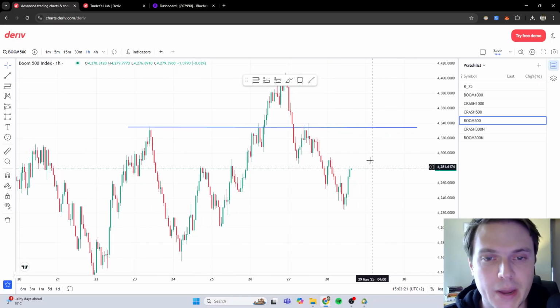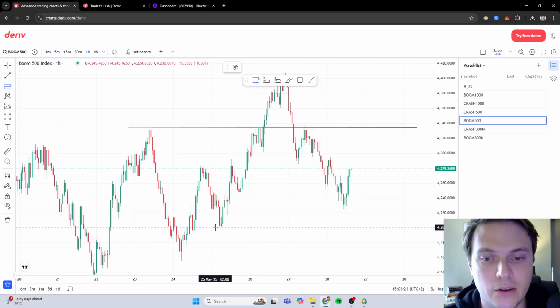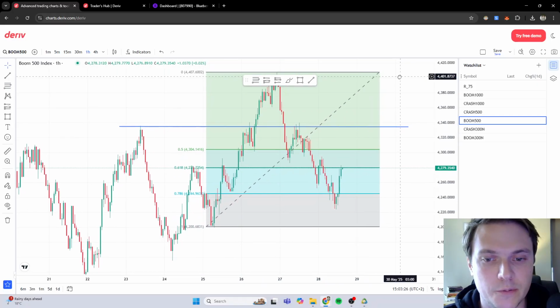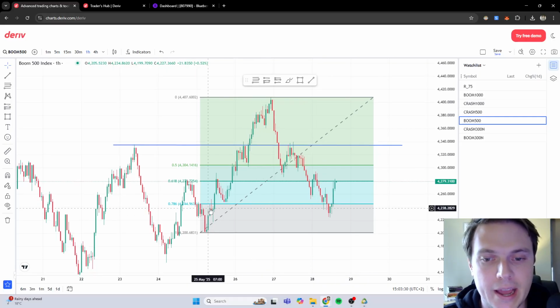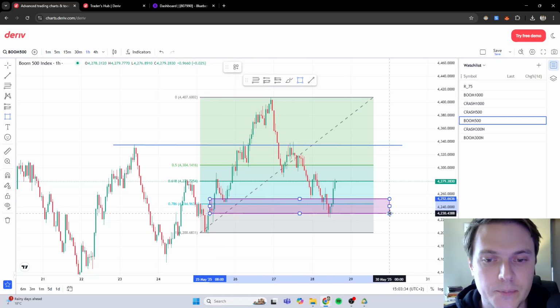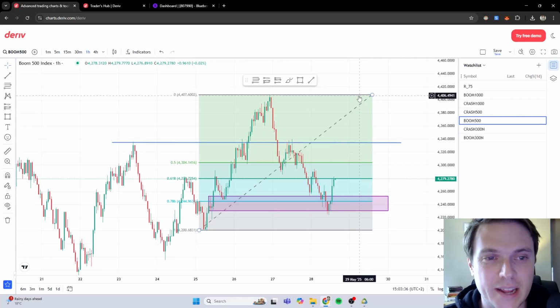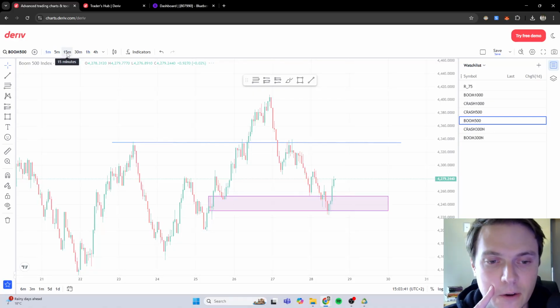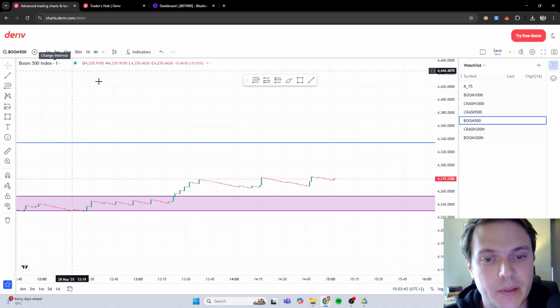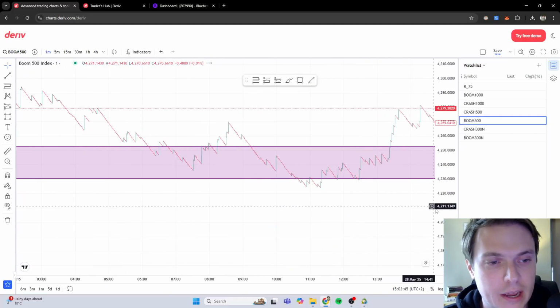So with the Boom pair, we are actually quite good with this move. Close to the 78 area, I see we had a respected little order block over there. It's now too late to enter, but it was once again a very beautiful trade, which sucks to miss out on. But if you can't watch the charts the whole day, we can't watch the charts.